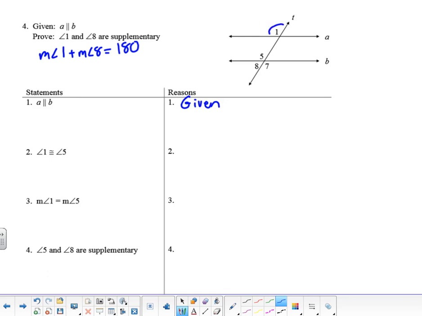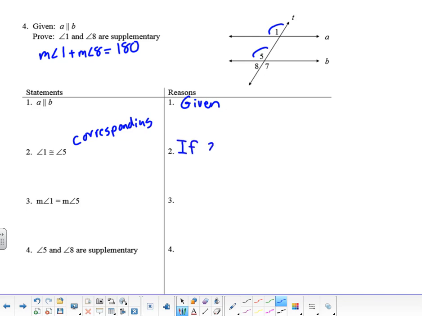All right, angle 1 and angle 5, those are corresponding. Okay, so this is a pair of corresponding angles. And what did we just say in step 1? We said that they're parallel.